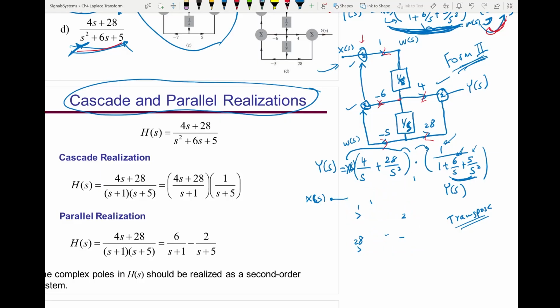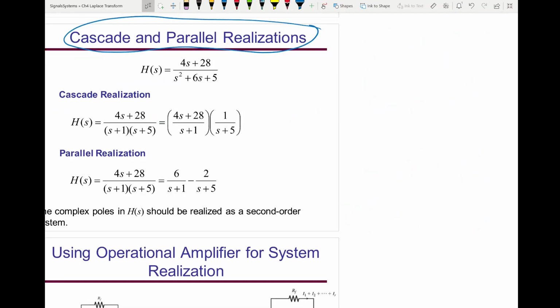Let's clean these. So if I have this system and I want to build it as 2 subsystems connected in cascade, the first thing is to factor out the denominator. So that will be 4s plus 28 over s plus 1 times s plus 5.